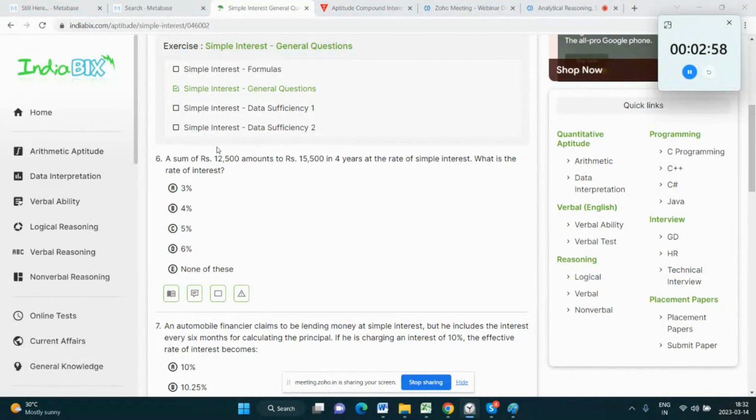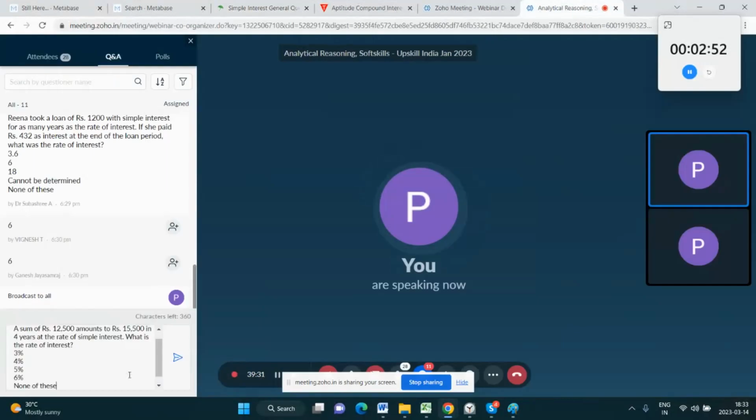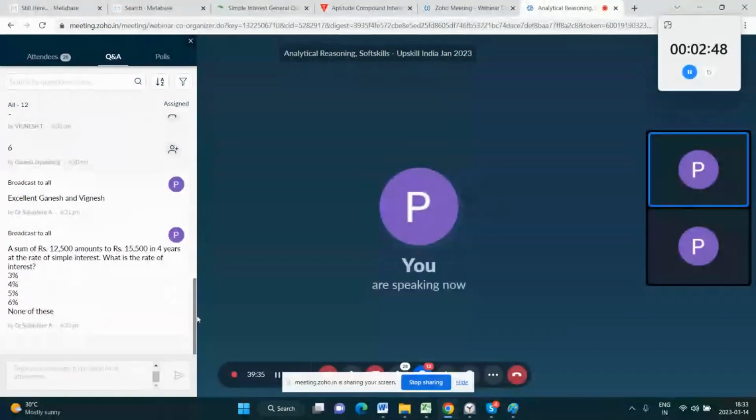Now you will find out the answer for this. You are given again the same 3 minutes to solve this problem.